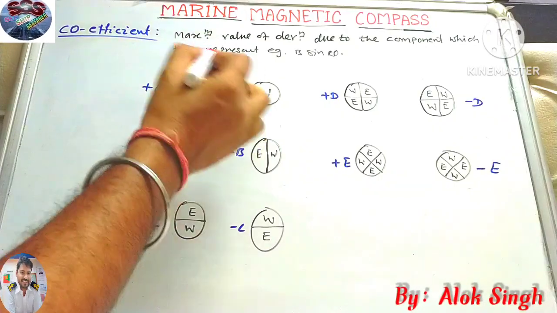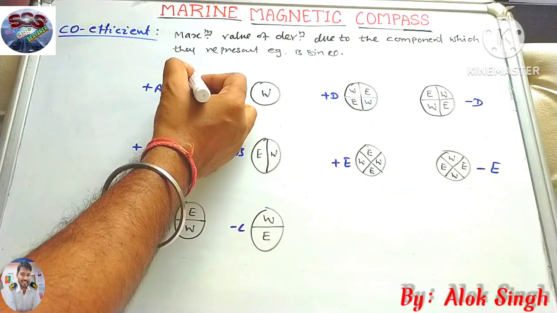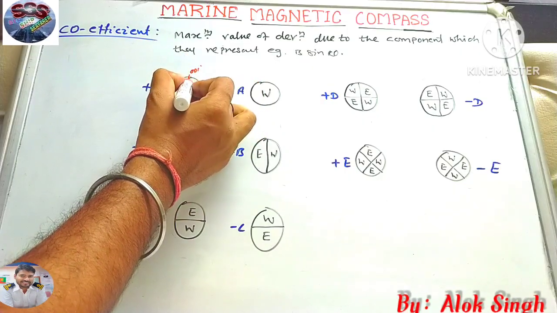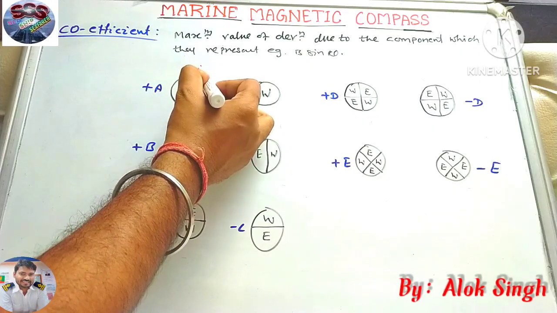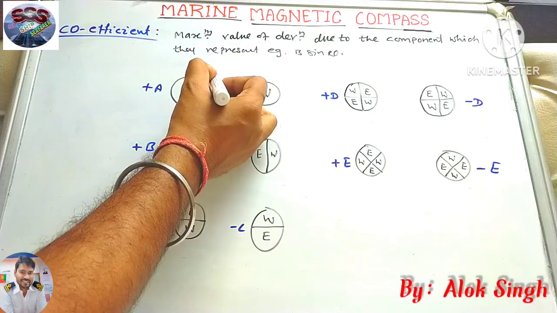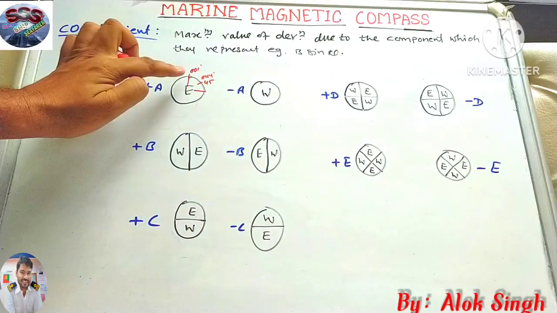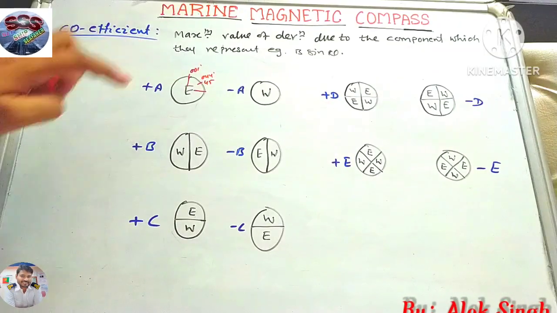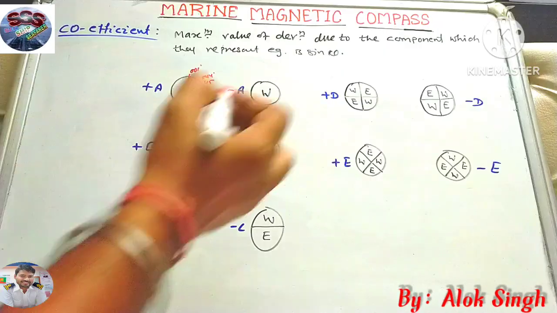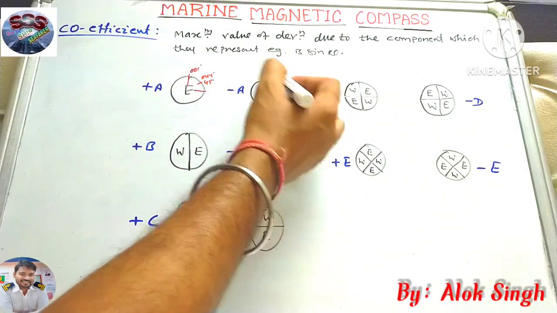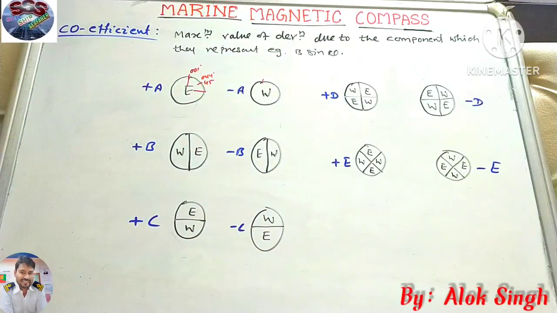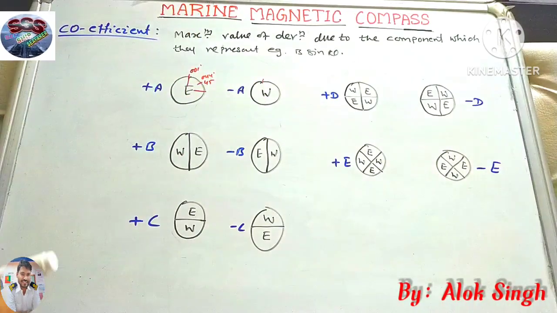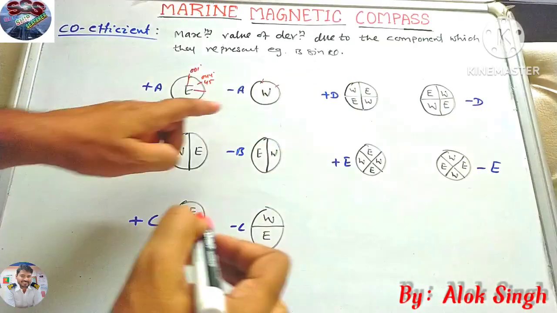In any quadrant, start from 001 degree; suppose this is 90 degree, so it is something like 45 degree, so up to 044 degree, from 001 to 044 degree. If it is showing east, then it will become plus. Or if from 001 to 044 degree it is showing anything negative or anything west, then it will become minus.